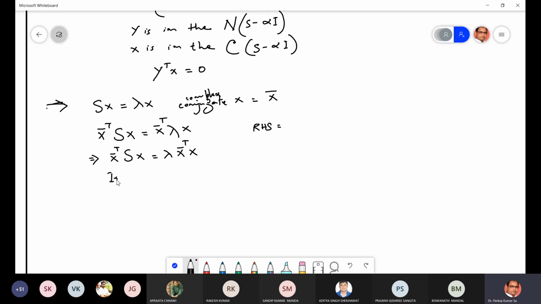In order to prove lambda to be real, we need to prove LHS and RHS are real.